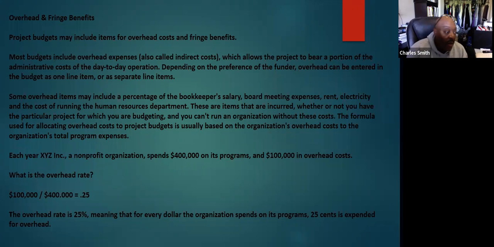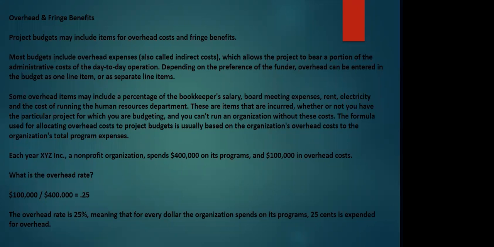The formula used for allocating overhead costs to project budgets is usually based on the organization's overhead costs to the organization's total program expenses. Well, I can tell you right now, normally it's anywhere from 8 to 12% of the total budget. So if you're doing a budget for $100,000, you can try to allot $10,000 to go towards administrative costs.